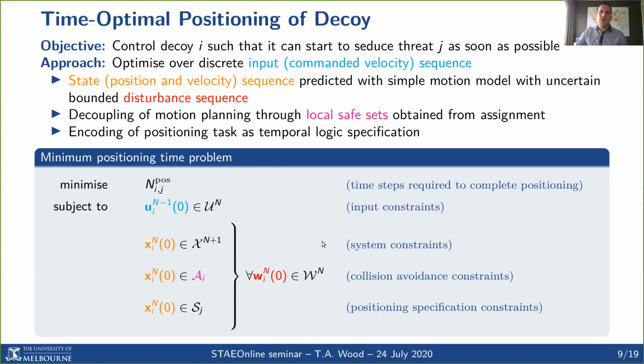But then we also isolate and give special attention to two particular constraints. So first of all, we want to decouple the motion planning of all the agents. And we do this with these local safe sets we've obtained from the task assignment in the previous step. And then we want to look at encoding the specification we have.